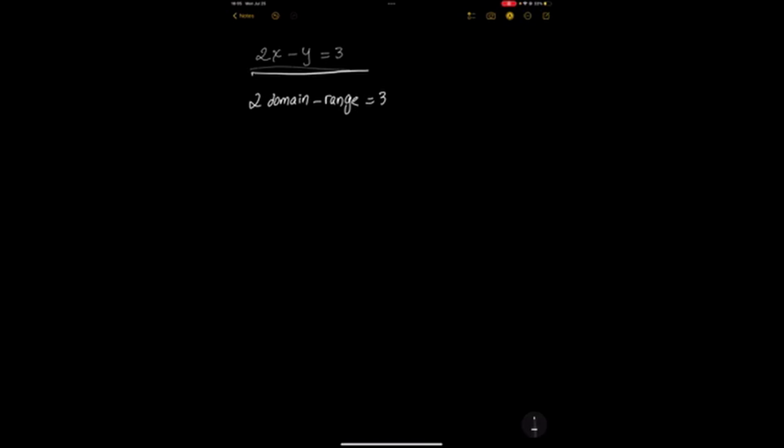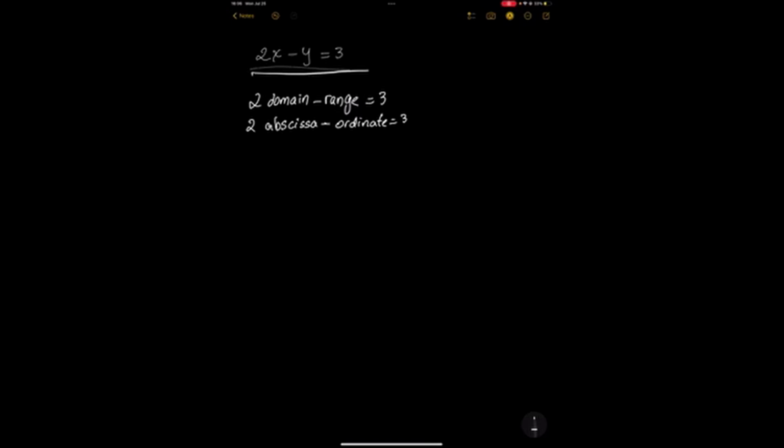Remember the previous video that I made where we talked about the range and the domain, or we could use the other words, 2 times the abscissa minus ordinate equals 3. Those are all ways to write that same function.